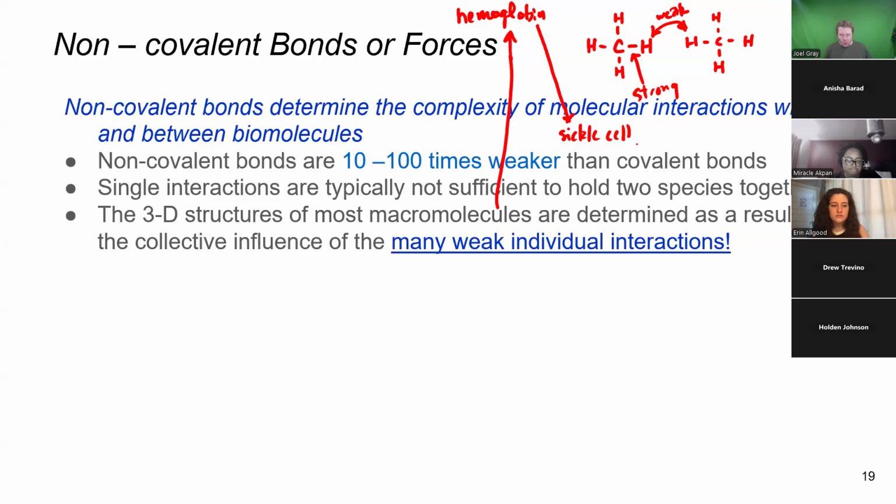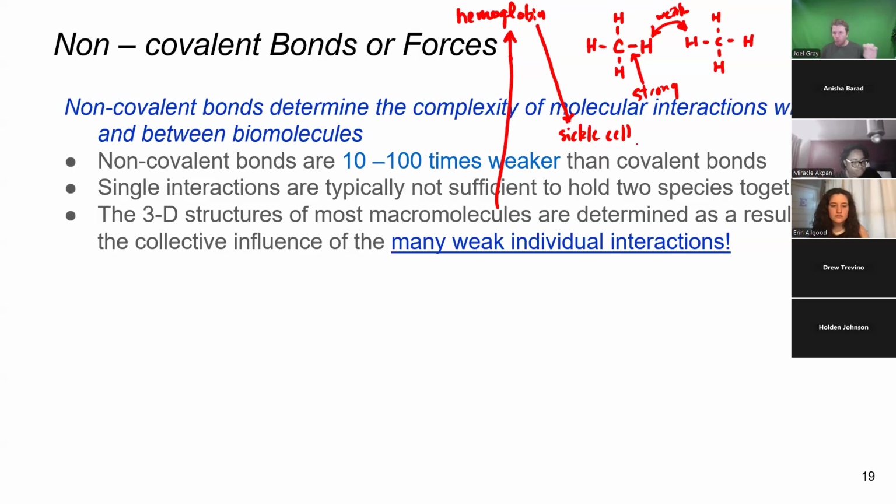You touch on this in Gen Chem 1 when you talk about VSEPR theory and you look at linear versus nonlinear molecules. But there you're talking about five atoms, six atoms, something small. When we're talking about a protein, we're talking about hundreds of amino acids and hundreds of atoms making up that large molecule.